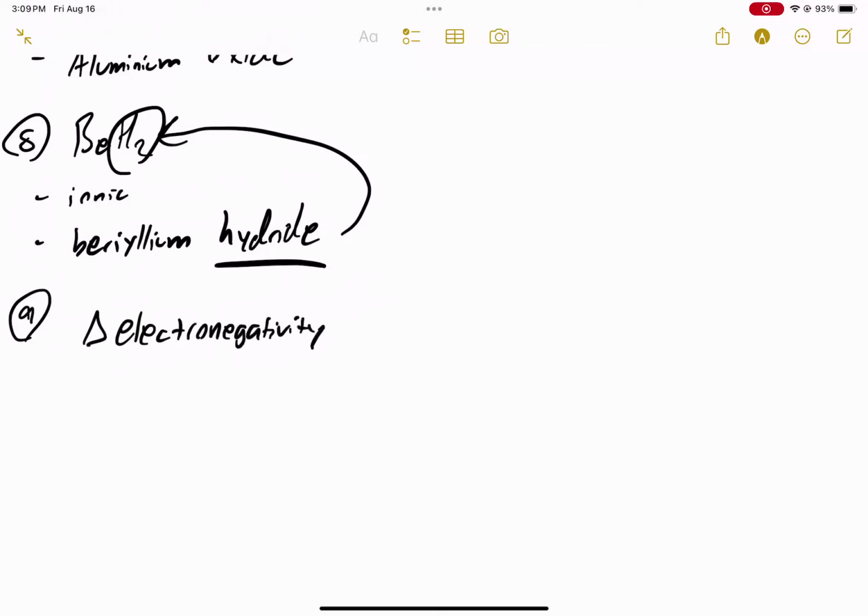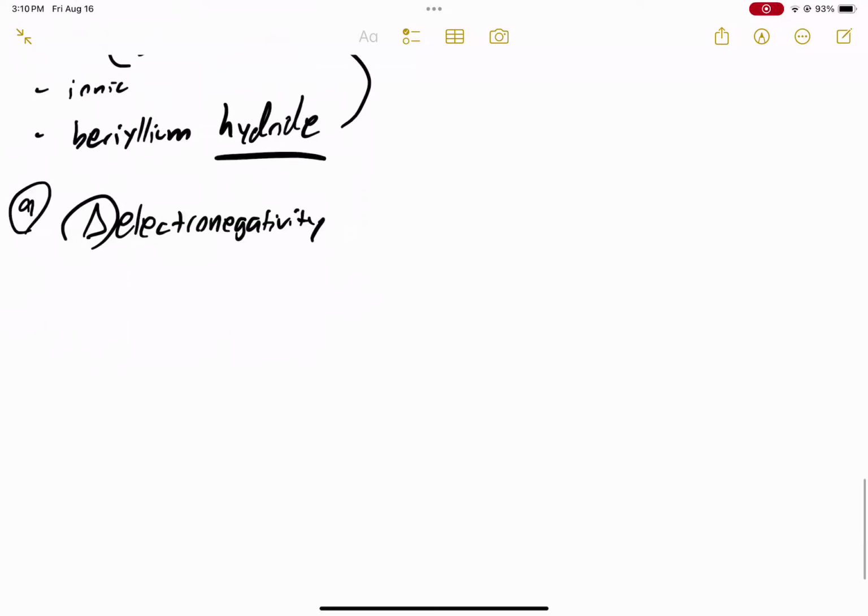For those of you wondering, the delta, which is this triangle, represents a difference. So the electronegativity difference between the arsenic and oxygen is going to tell us whether this thing is ionic or covalent. Problem is, once you take the actual electronegativity difference, we get a value of 1.7.